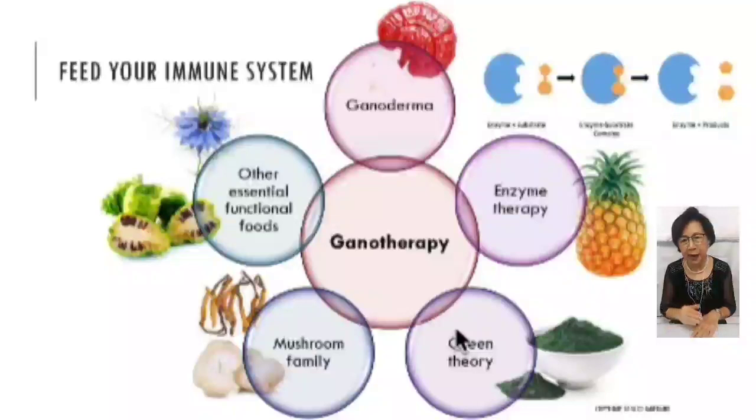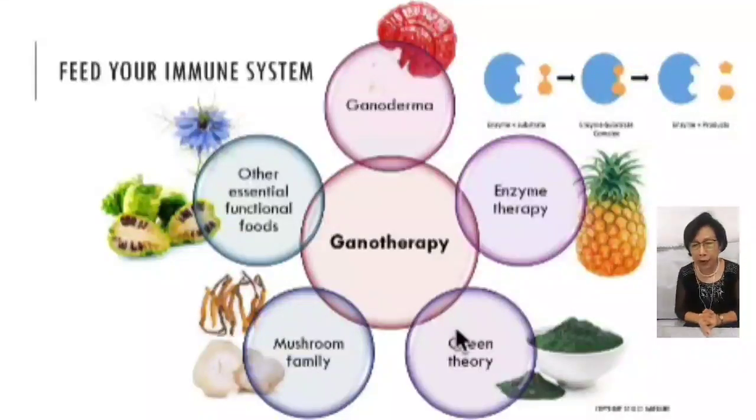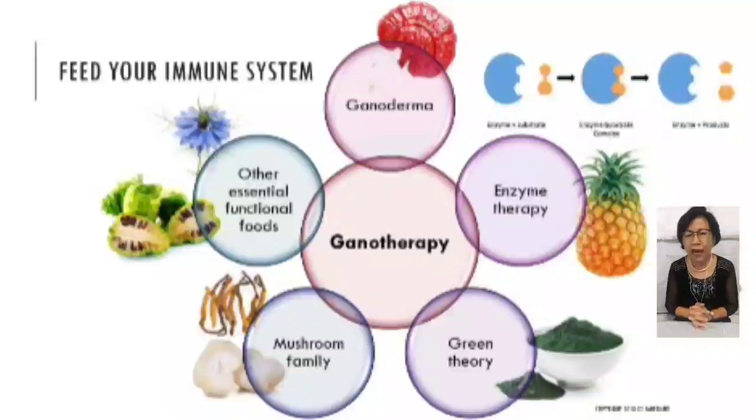And the green theory in gynotherapy, most of us should be eating lots of green food. Why green food? Because green food contains the most phytonutrients. However, look at our diet today.